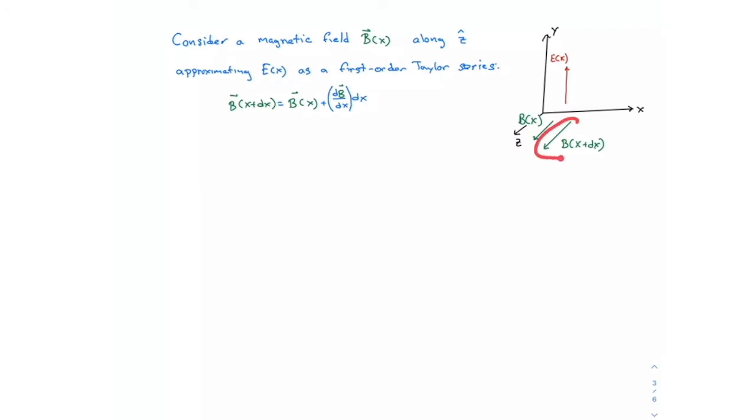So over here, at a point x plus dx, I'm going to have my original magnetic field that I had over here, plus a little bit. And the little bit depends on how fast the magnetic field is changing in the x direction, times how far over I go in the x direction. And so again, that's just a Taylor series expansion of B of x, and I've only kept the first term.